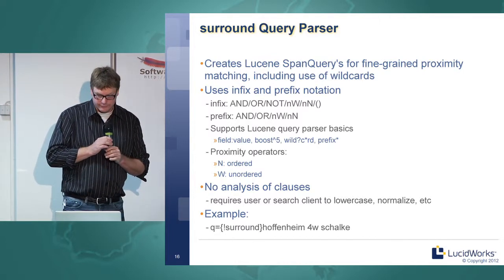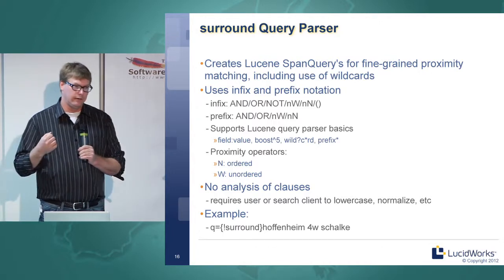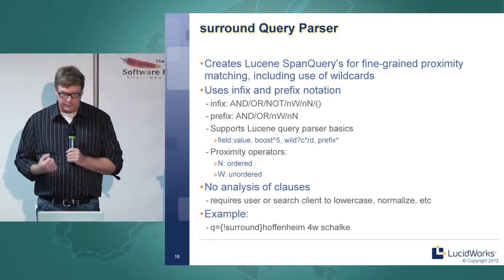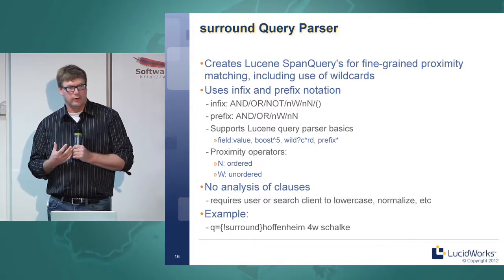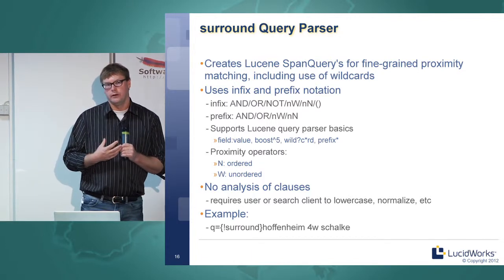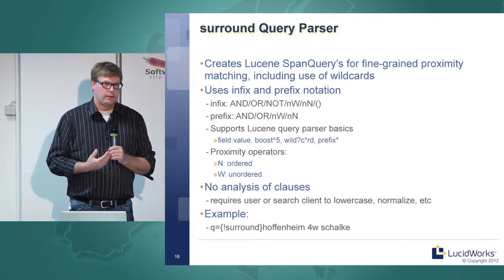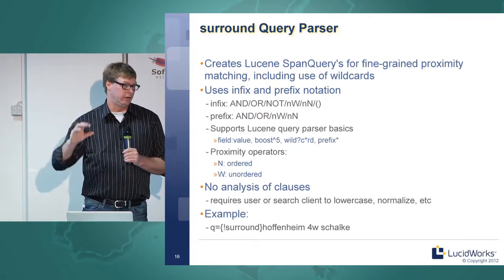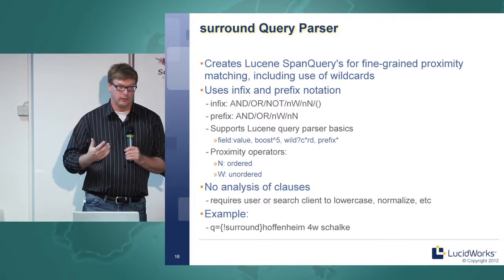There are a few caveats to this thing. The query parser, and this was an intentional design decision by the creator of it, does not do any analysis of the tokens there. So this is different than our typical query parsers such as the Lucene and Dismax, extended Dismax, where the user provides a query, it's going to run through our query time analyzer to make sure that the terms get lowercased and stemmed and so on.